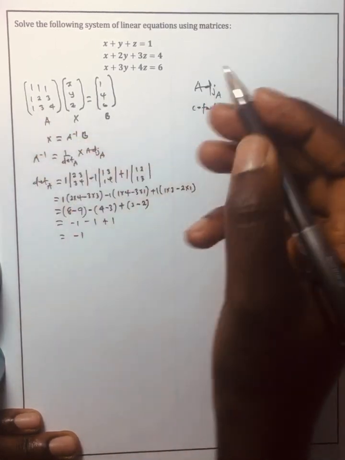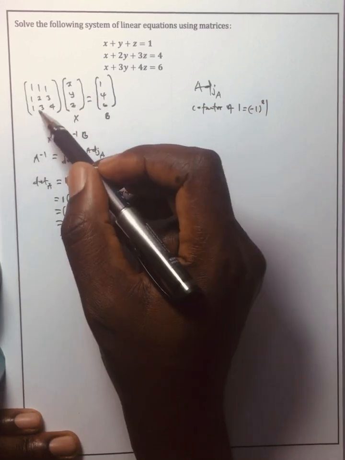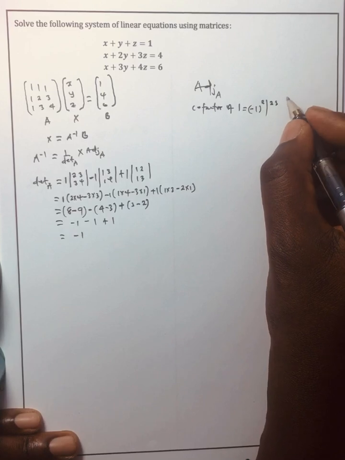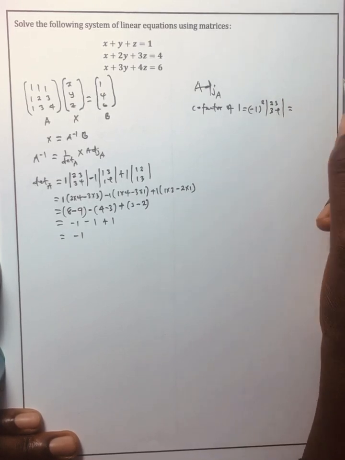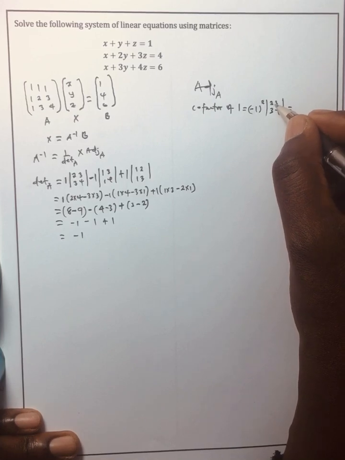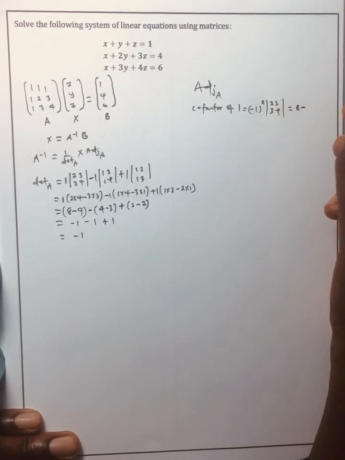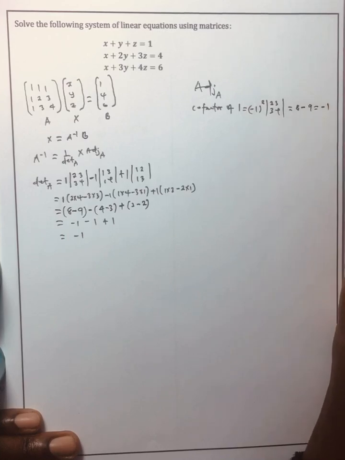It is in row 1, column 1, that is power 2. Then when you cover its row and column, you're left with 2, 3, 3, 4. So that is the same as 2 times 4, that is 8, minus 3 times 3, which is 9. So that is negative 1.